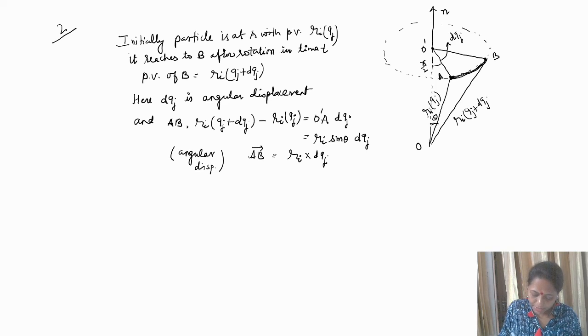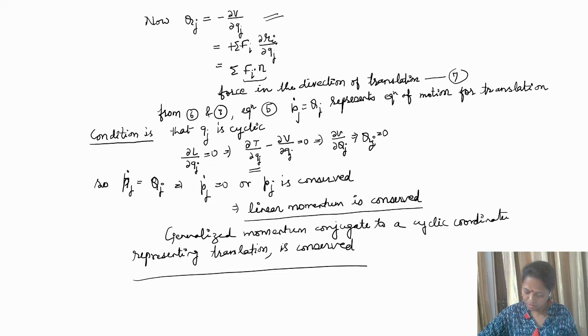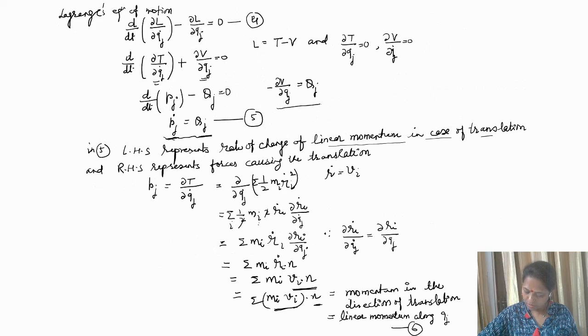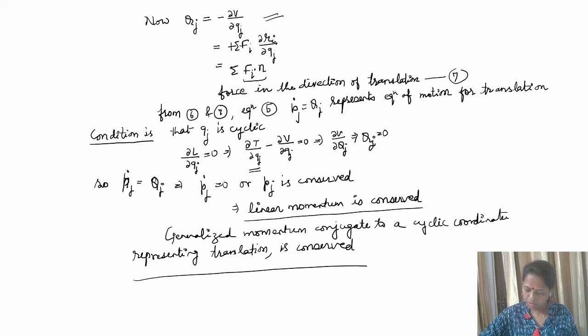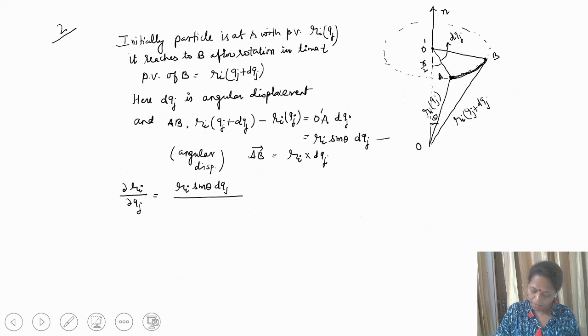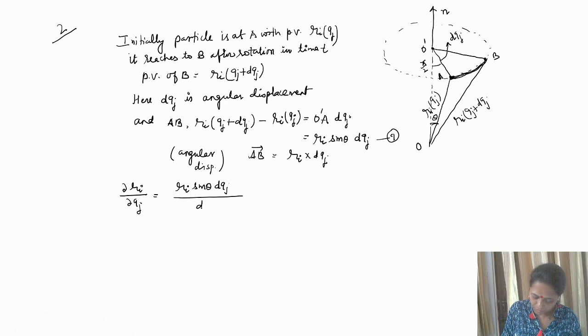Now I write delta Ri. What is the change in Ri with respect to qj? It will be Ri sine theta dqj, or actually I have used this value 6, 7, you say it is 8, and now this is 9, and dqj, where dqj tends to 0.